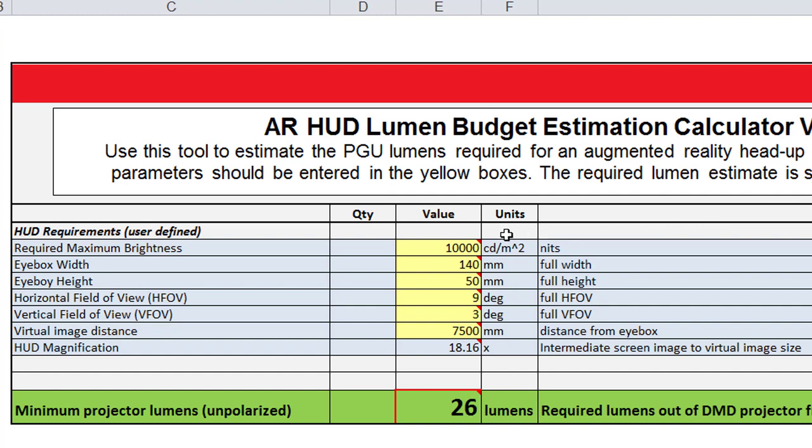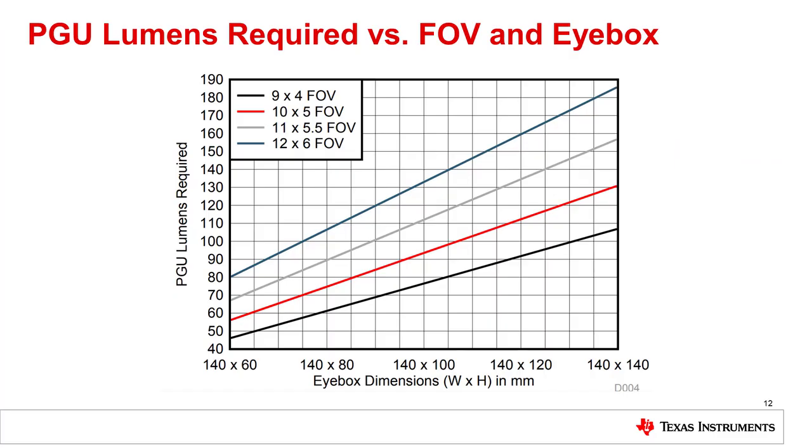Similarly, increasing the maximum brightness, eye box size, and field of view will all increase the lumen requirement. General trends and approximate lumen requirements can be seen here. As either FOV or eye box size increases, so does the lumen requirement.